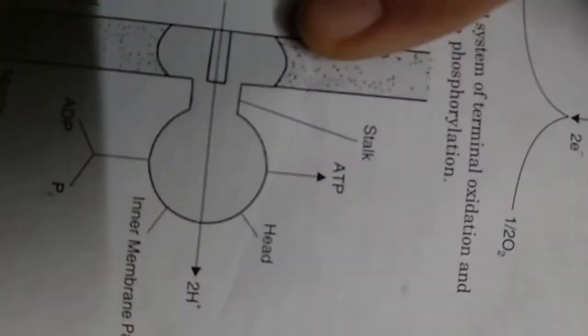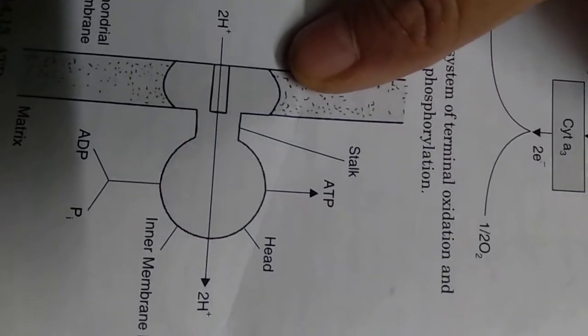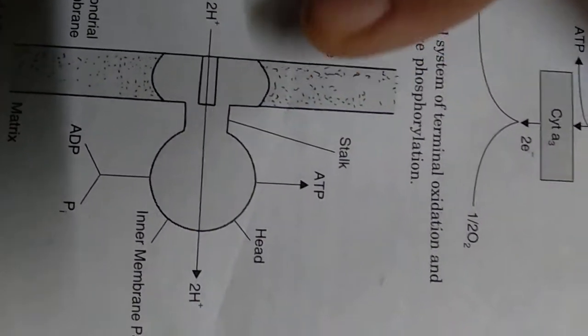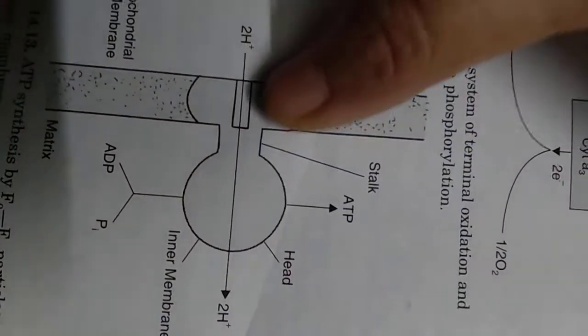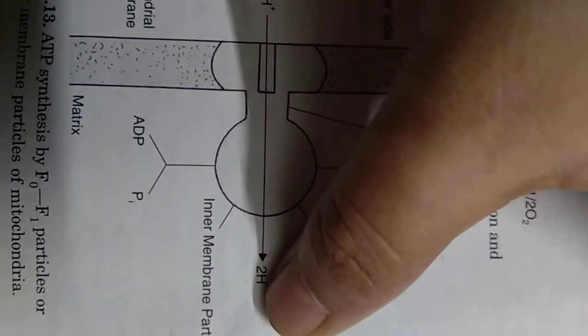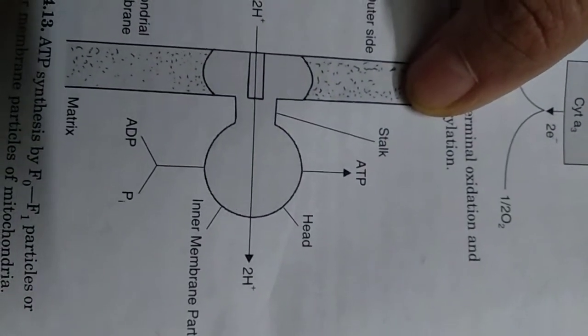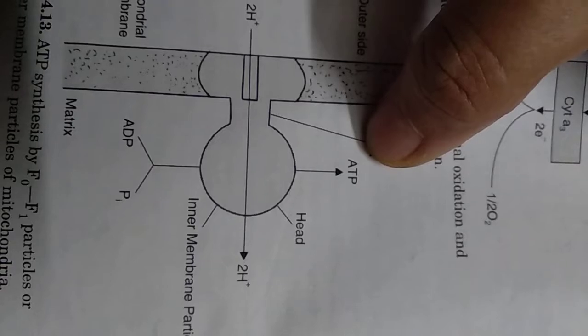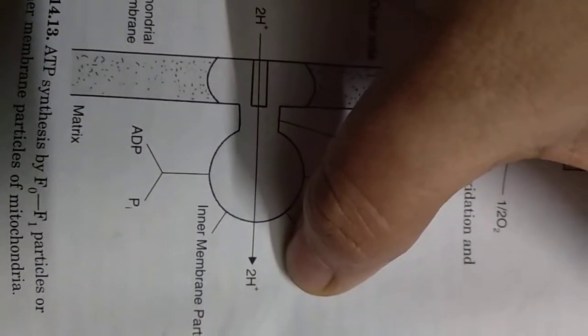Here you can see the F1, F0 particle of the mitochondria, a tennis racket-like structure. When 2 protons from the outer side enter the inner side through the head region, ADP combines with inorganic phosphate to form ATP. This way ATP is produced by the transfer of protons from outside to inside.